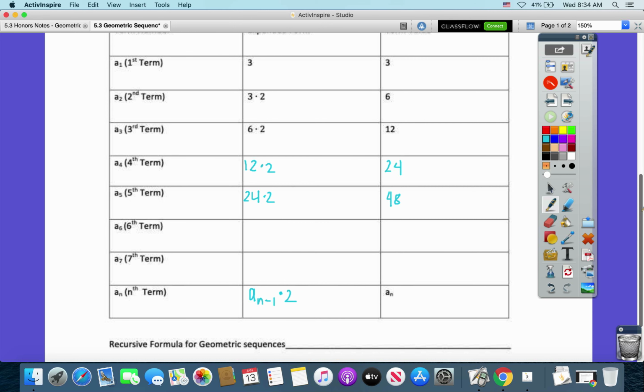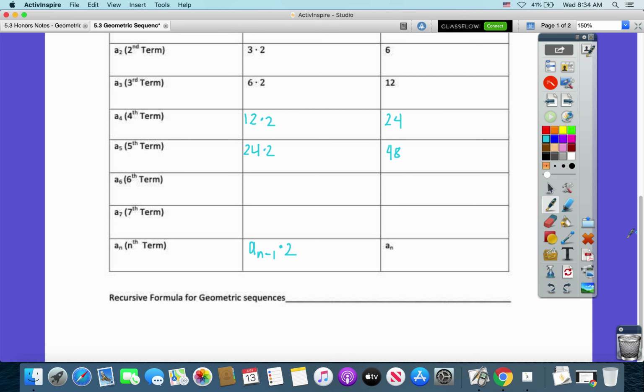Okay, for our general recursive rule, we want to do the same thing we did last time. We have to give a starting point. So we have to say a sub 1 equals whatever the first term is, so we know where to start. And then the second part of it is just what we came up with here.